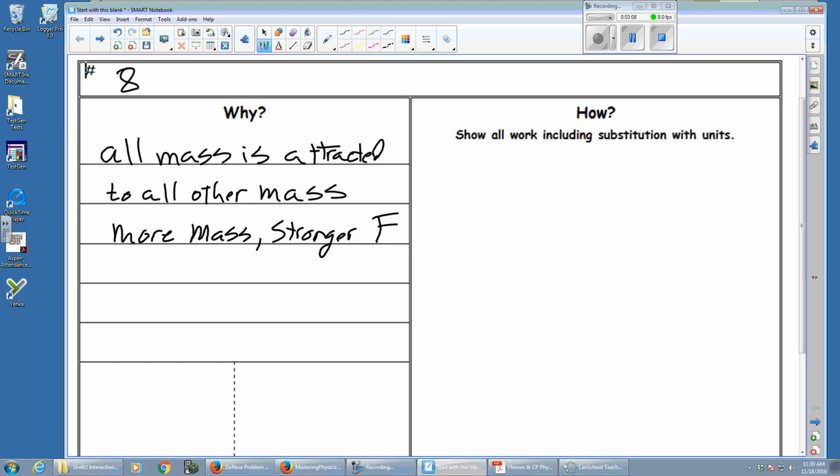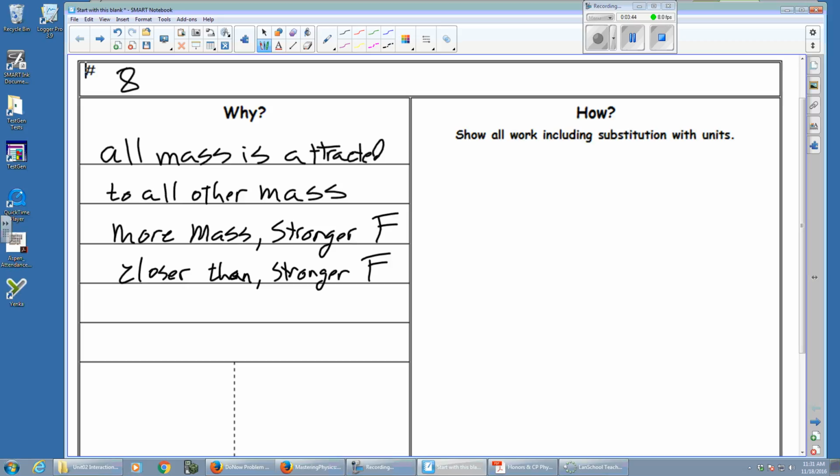What else influences how strong this force is? The distance. How does it influence it? Closer means stronger force. Good. Yep. So I would say those are the key points you'd want in your Y.